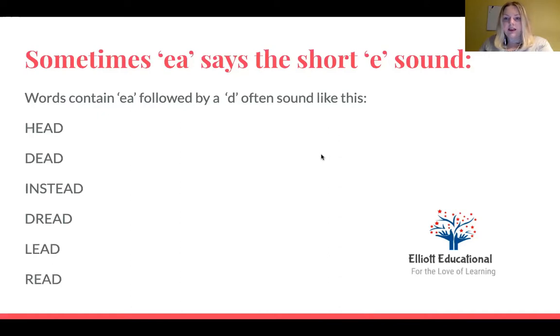So as you can hear there, it's an E sound. If you look at my mouth, my tongue is moving towards the lower part of my mouth and it makes the E sound.